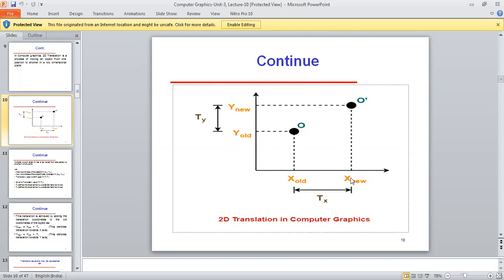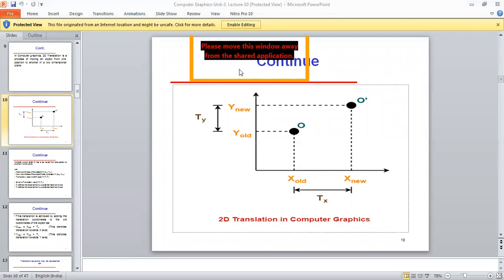So in this case, x new is equal to x old plus tx, y new is equal to y old plus ty. We will add tx and ty respectively, and we can calculate these new points. So we will get the new points x new and y new, and then we can draw our image easily.